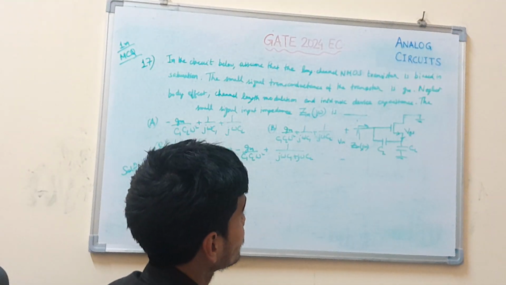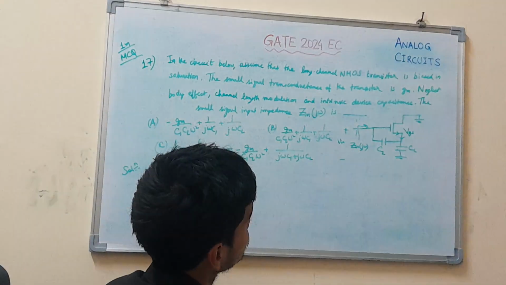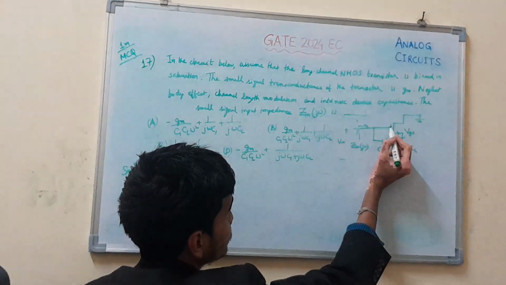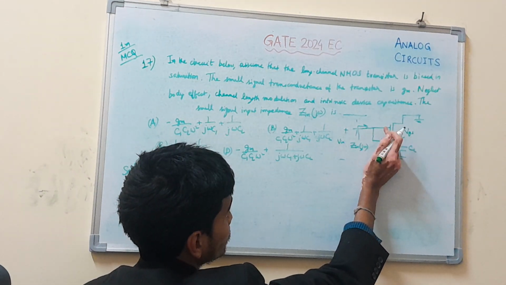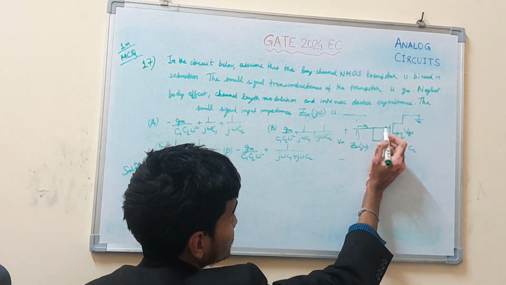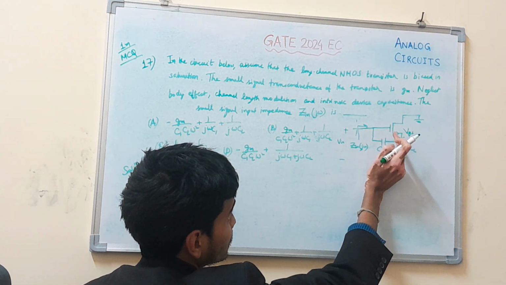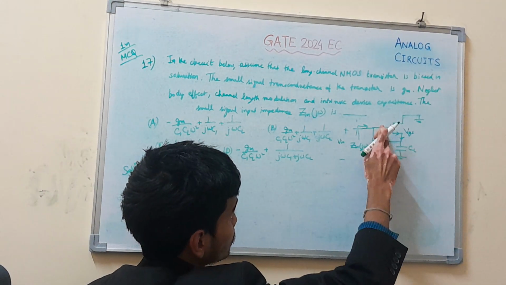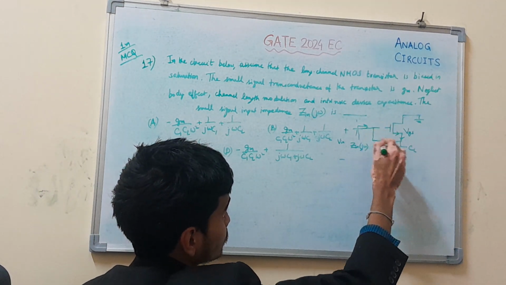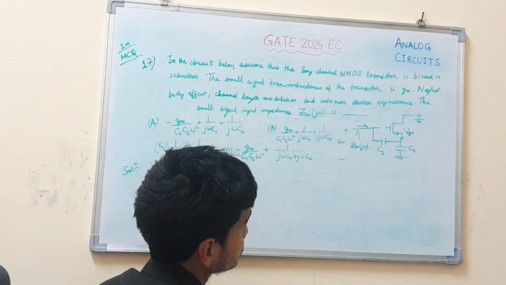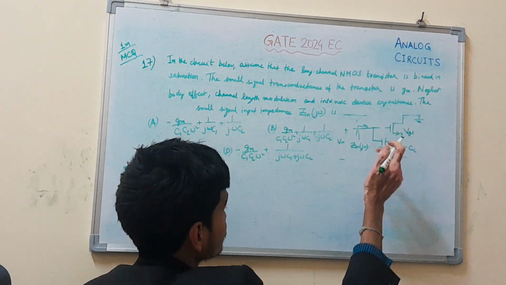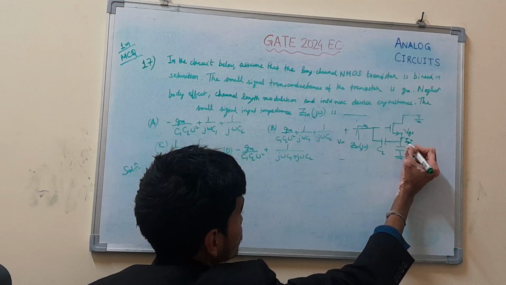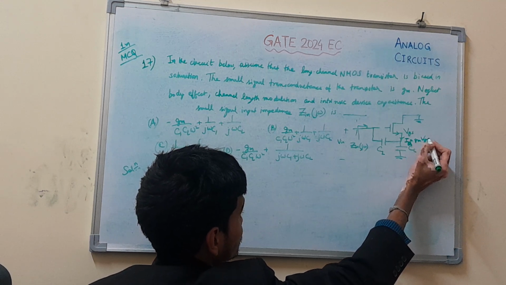As we know, NMOS has infinite input impedance, so the current flowing into the gate of the NMOS is zero, so this is open. All the current flows over here. The current through the NMOS is given as ID equal to GM into VGS.